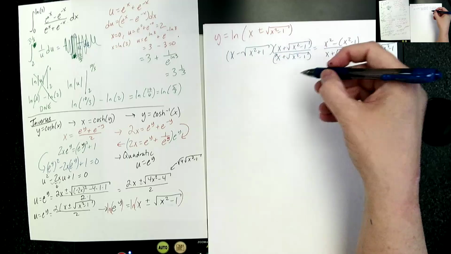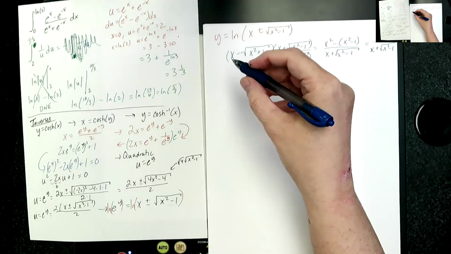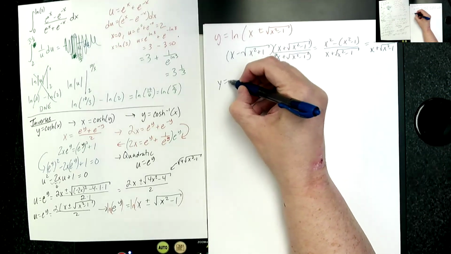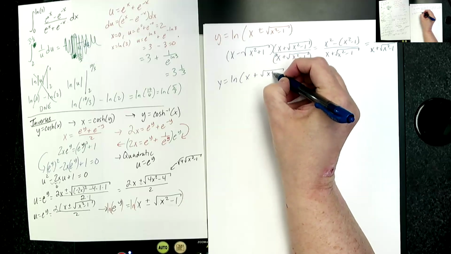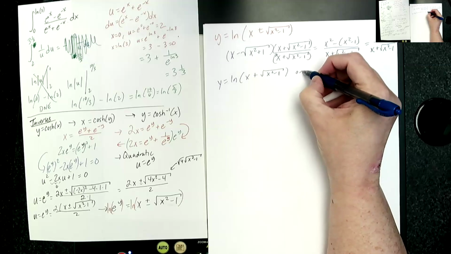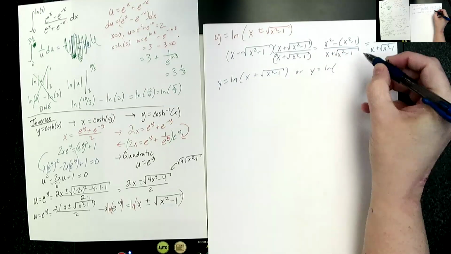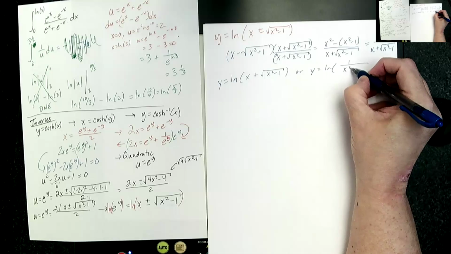So this would give me two answers here. y equals natural log of x plus the square root of x squared minus 1. Or y equals natural log of 1 over that.